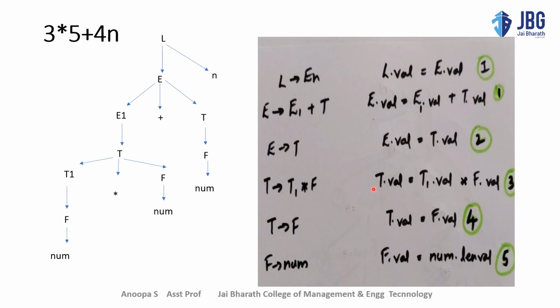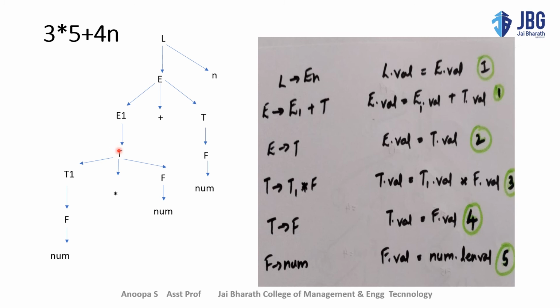Now the next step is, whatever semantic actions you are performing, you have to number at that node. Okay, so here L giving E, I have numbered as Roman 1, so I'll give Roman 1 here. Similarly, E giving E plus T, semantic action is number 1, I will give natural number 1 here.